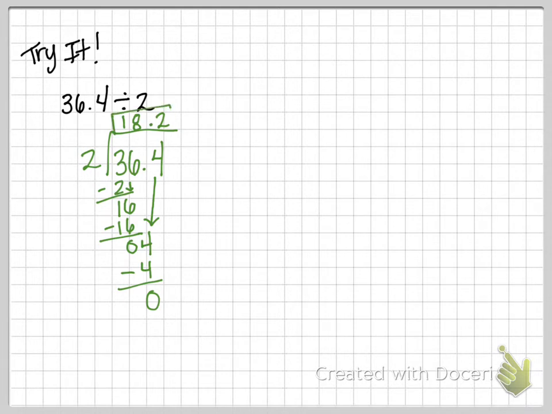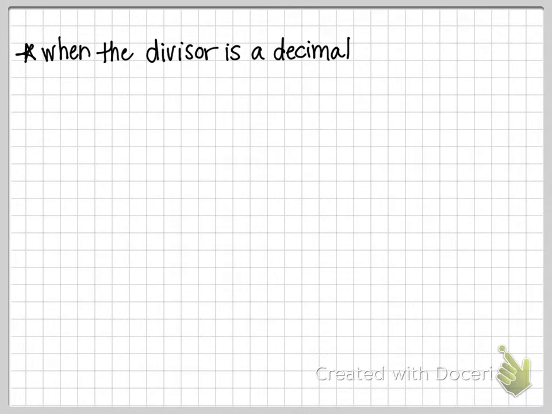Here is the part that's going to take us one more step when we're dividing decimals. This is when we have a decimal in the divisor, which is the number outside of the long division.